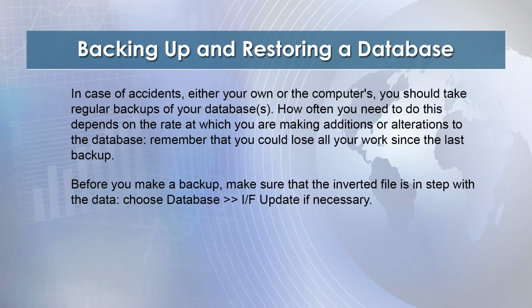Another utility available in CDS ISIS is the backup. There is no key or icon through which you can click and have a backup. You can take a backup in the form of an ISO file, but please remember that only the bibliographic data will be available there; your FDT, FST, display format, etc. won't be backed up.